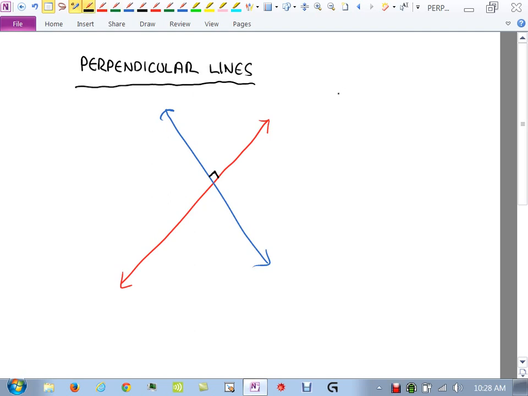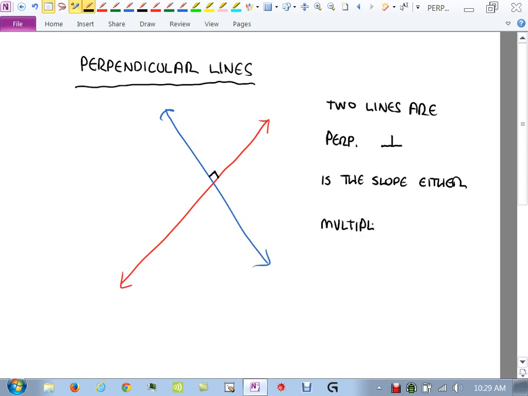So I'm going to tell you what it takes. Two lines are perpendicular, and I'm just going to write perp. Or if you like, we use this symbol also. See that symbol right there? It's like an upside down capital T. Two lines are perpendicular if the slopes either multiply to be 1, or they are negative reciprocals.